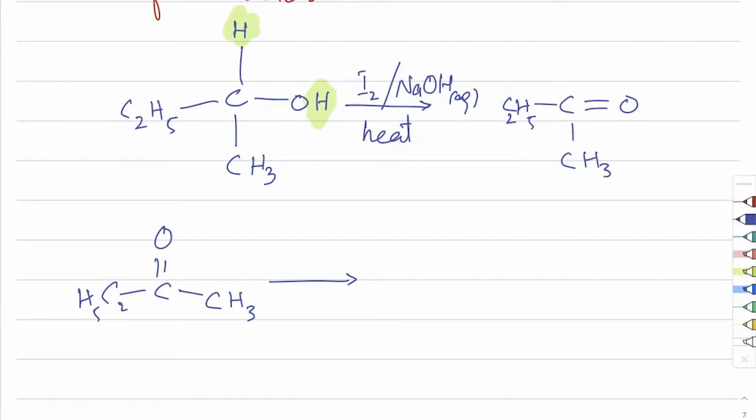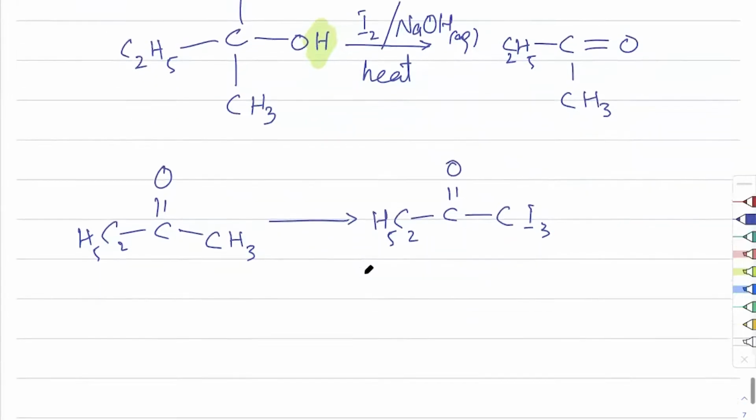What happens here is that this carbon, the one that was attached to the one with OH, this methyl group will basically be substituted, and what you will get now is CI3. So the methyl group will change to CI3 because you have iodine, lots of it, okay? So that's going to substitute in there. And of course, alkaline solution helps.